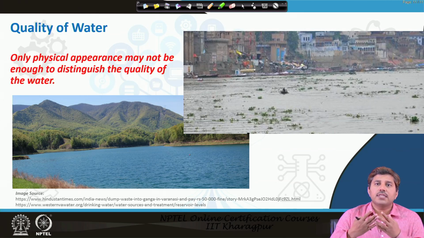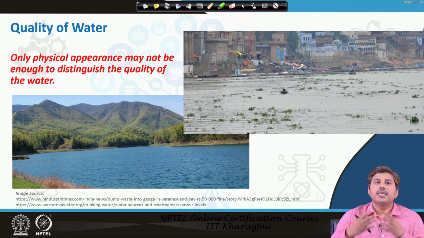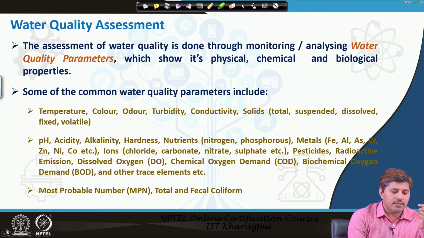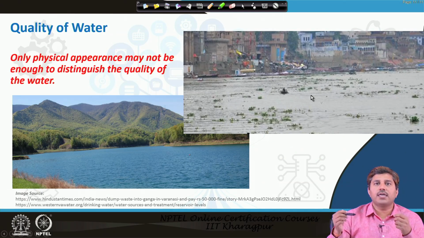So if the nature of the contaminant is such, it is not possible to detect it just by observing the water. In any case, even if this water looks like it has a lot of contaminants, turbidity or floating materials, how do we say what the quality of this source is? How do we signify that?